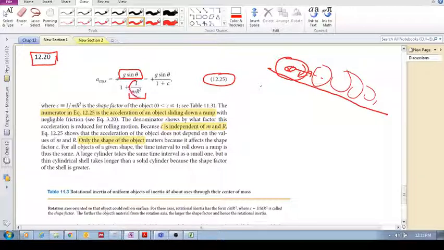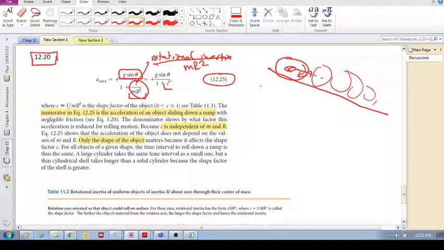And this I over mr squared is c. So it is your rotational inertia divided by mr squared. And so the important thing to see here is a couple of things.